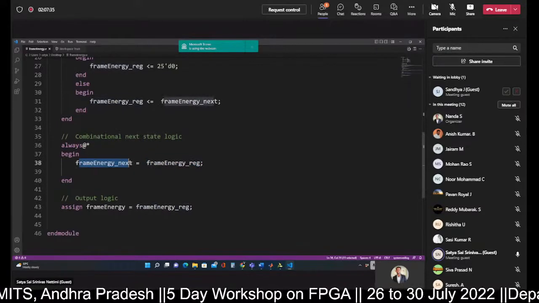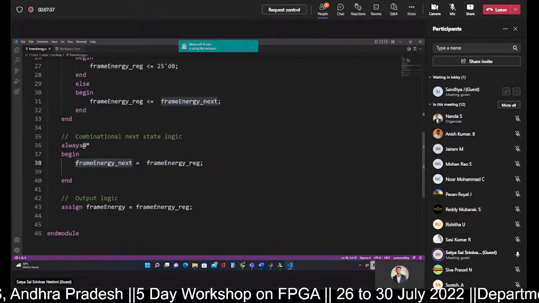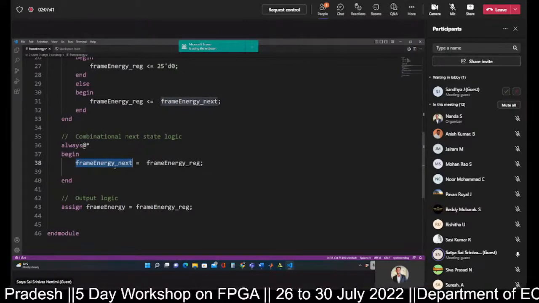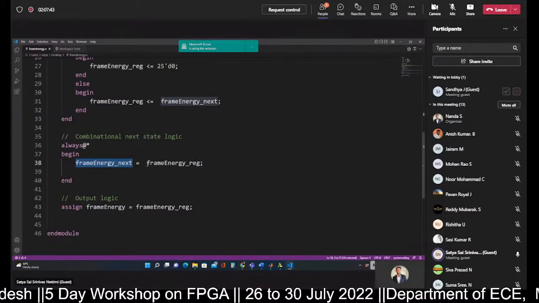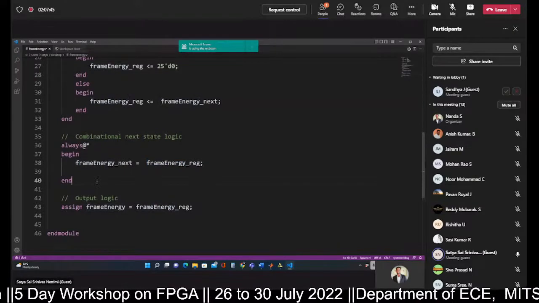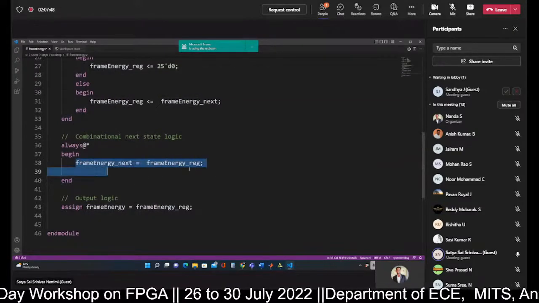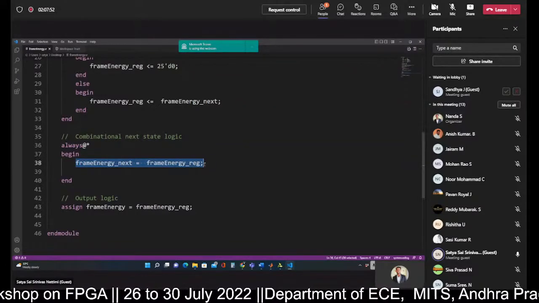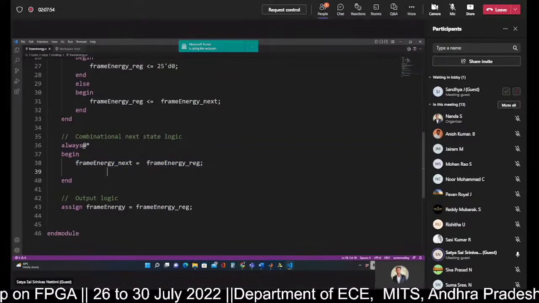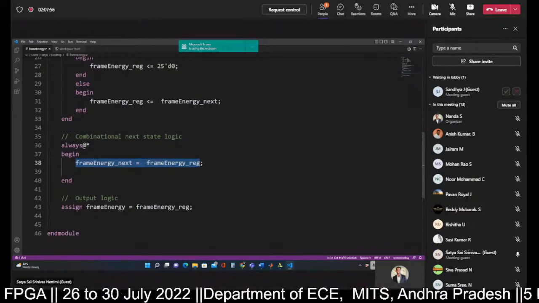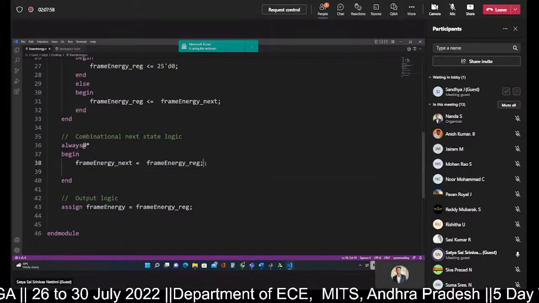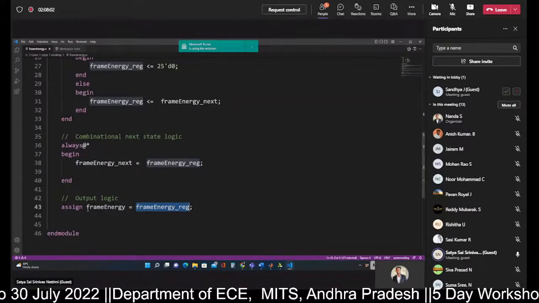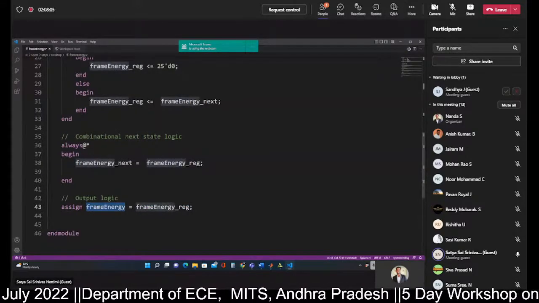Otherwise, whenever a particular condition has happened, then it has to modify this value. How this will modify the value, we will define the conditions later, but this is the default condition. Whenever it is not manipulating anything, then it has to follow the register value. And the same register value, we have driven to the output.